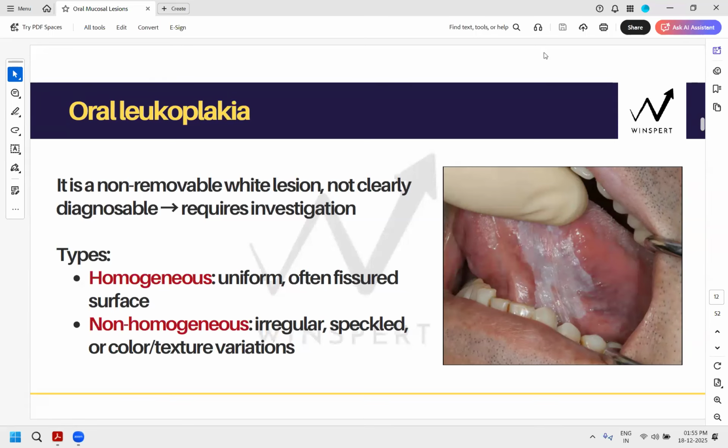Any white lesion you have ruled out, so frictional keratosis, linea alba, everything ruled out, because there has to be a source of frictional keratosis. The white lesion class will help you come to oral leukoplakia beautifully, because a lot of people get confused with how to identify it. Watch the white lesion class.